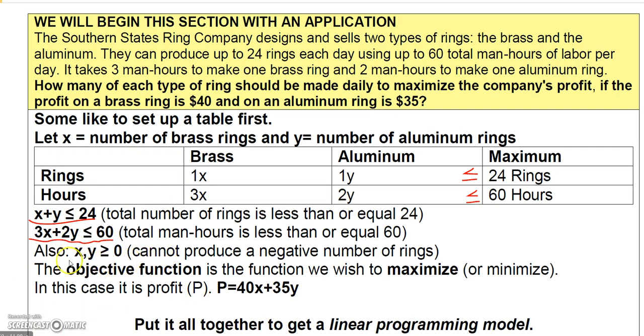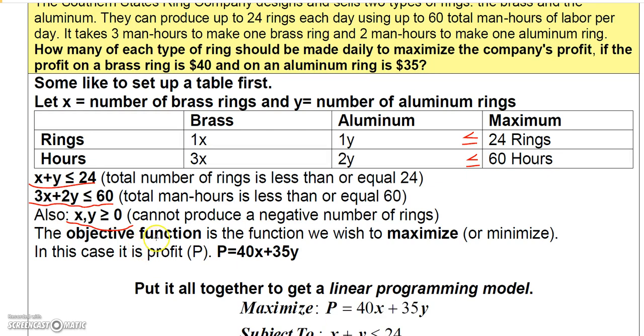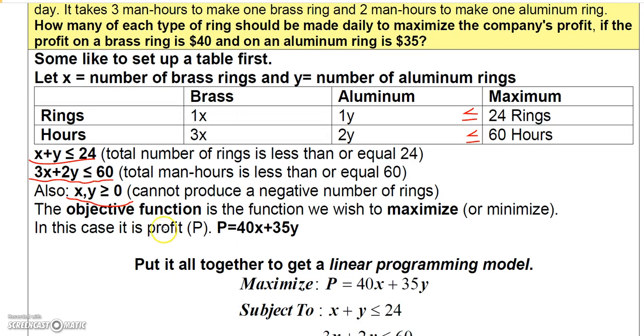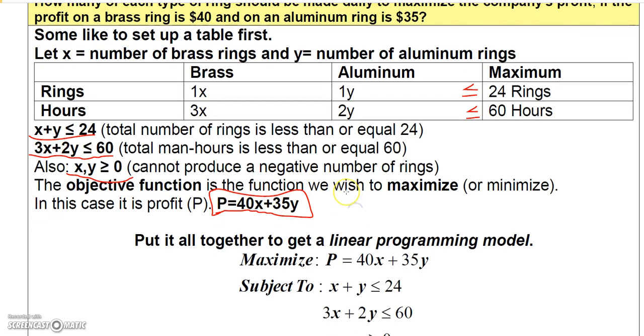Also, x and y have to be non-negative because you cannot produce a negative number of rings. And then the objective function comes from the profits: $40 per brass ring and $35 per aluminum ring, so our profit function is 40x plus 35y.